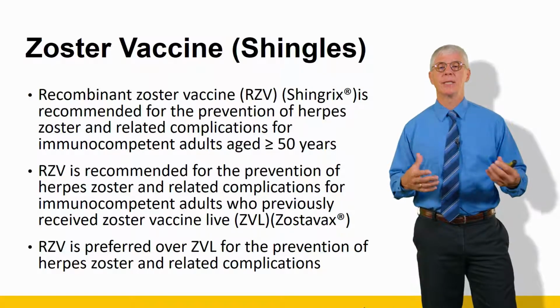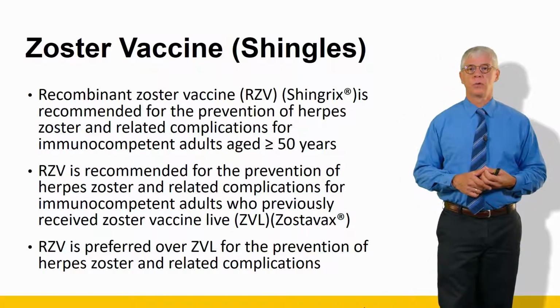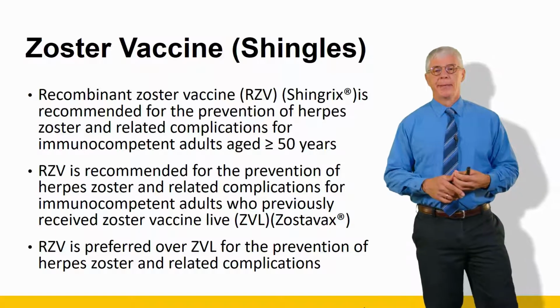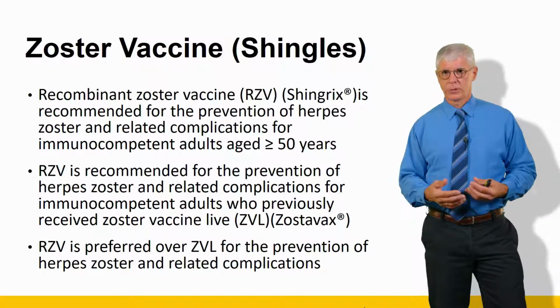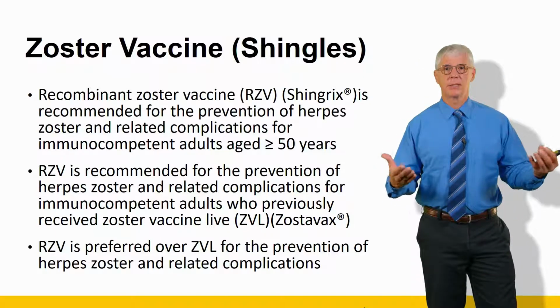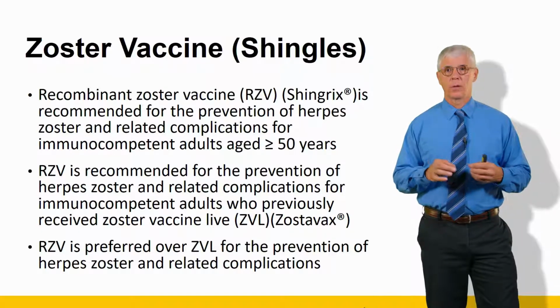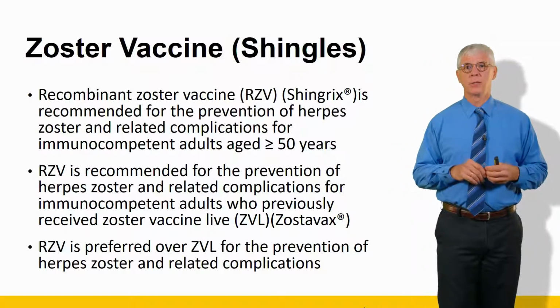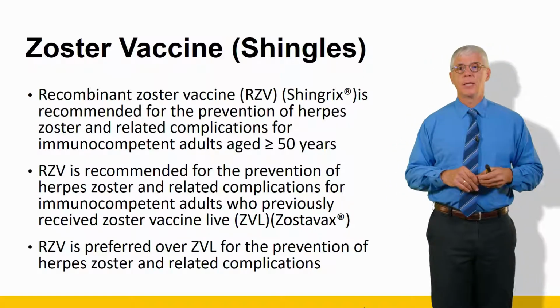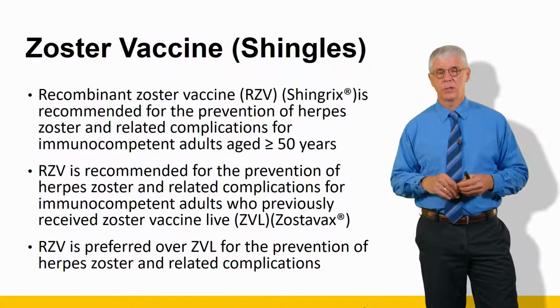Shingrix is over 90% effective versus Zostavax, which is probably in the 30% effectiveness range, and it doesn't last very long. So the new guidelines are that Shingrix is recommended for everybody that is immunocompetent over the age of 50.